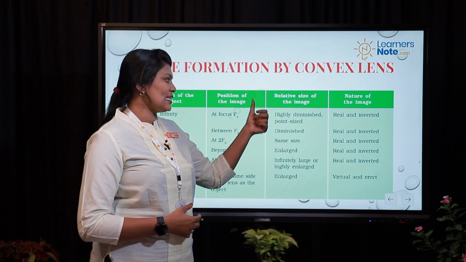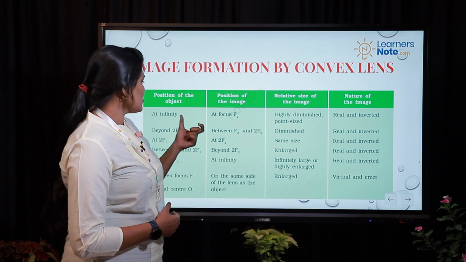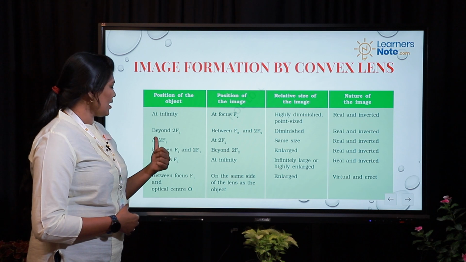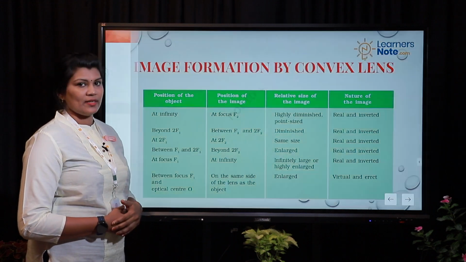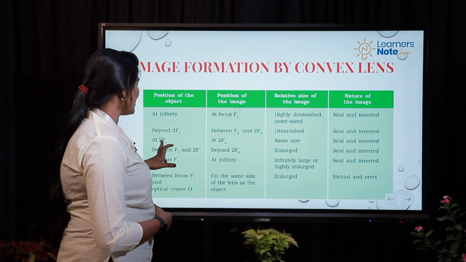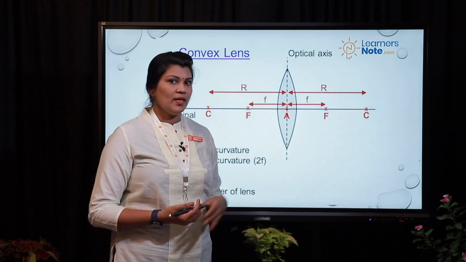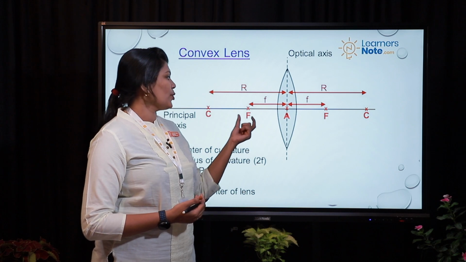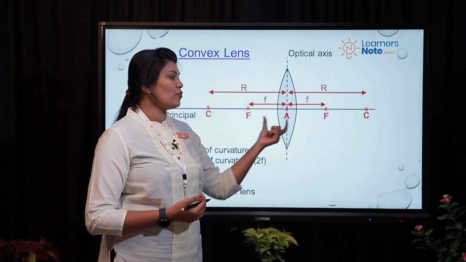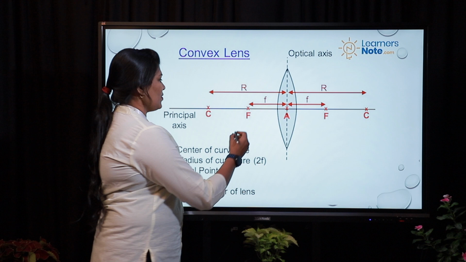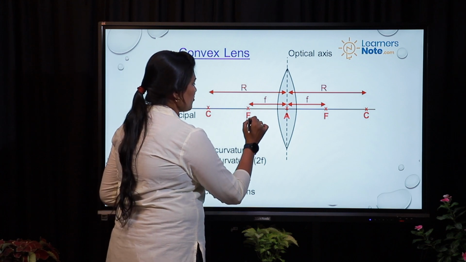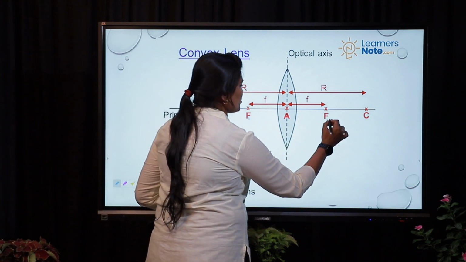That we can see in this table. For example, if we place an object at 2F1, the image will be formed at 2F2. Here you can see that there are 2 F values, that is, 2 focus points. We can write this focus point as F1 and this as F2.